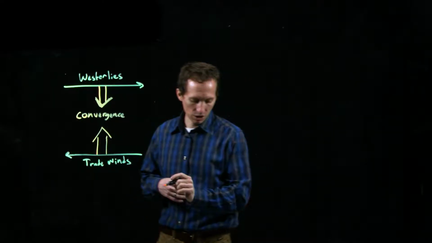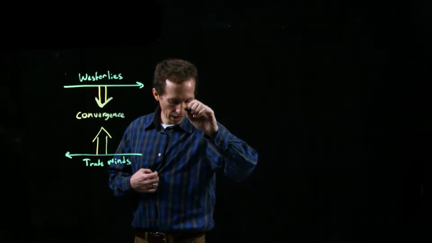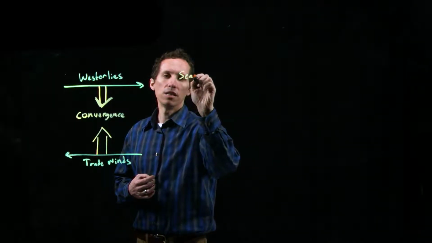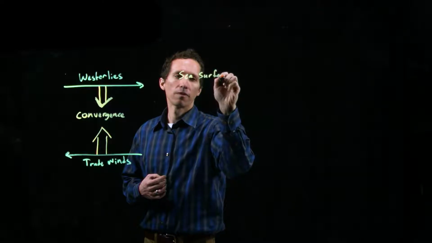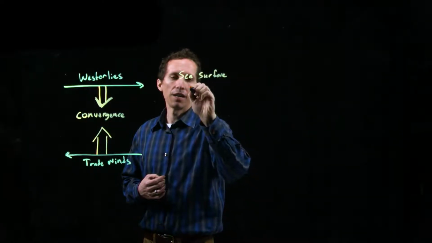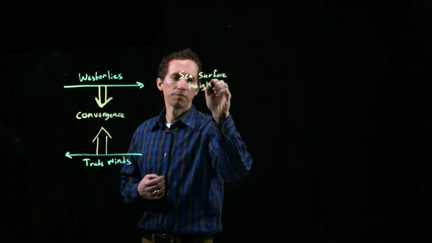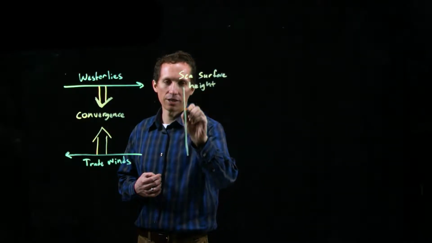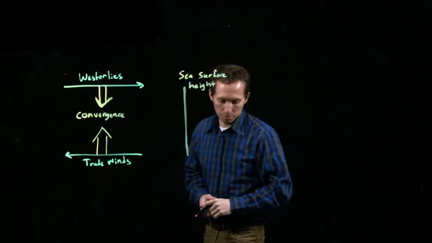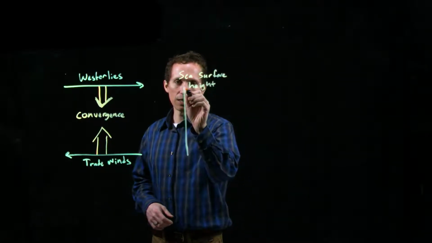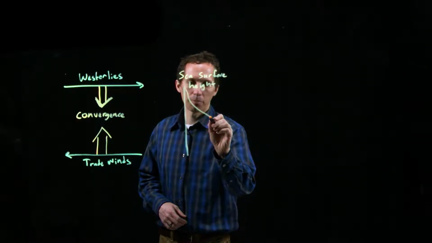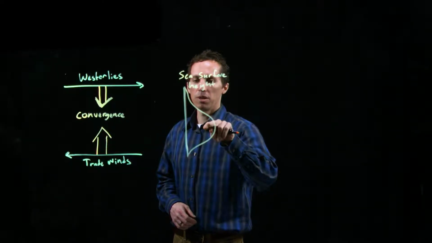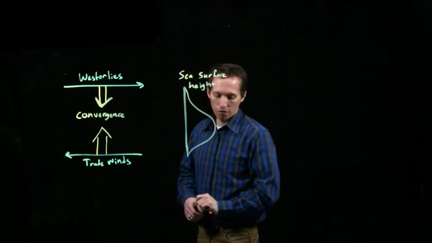creating a convergence. So if we were to plot sea surface height as a function of latitude here on this same plot, what we would see is this buildup of high sea surface heights in the center of this convergence zone.